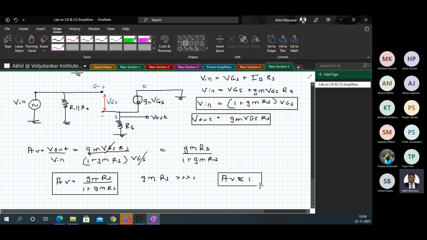The gain is almost equal to 1, but always less than 1.